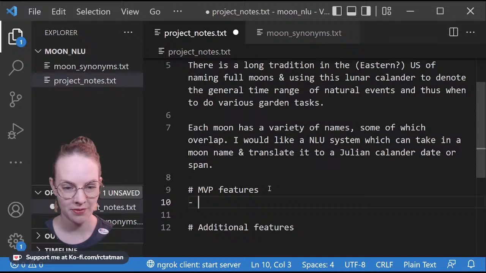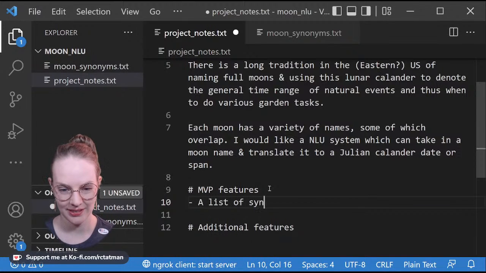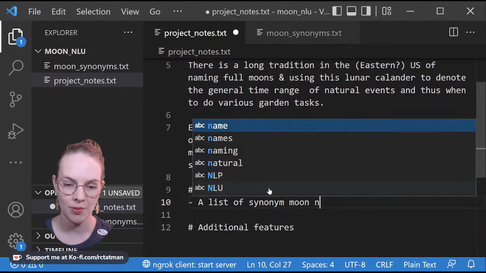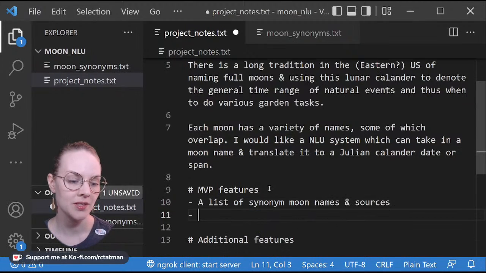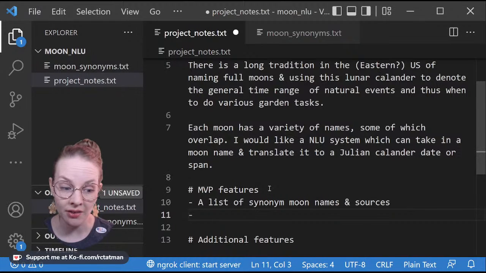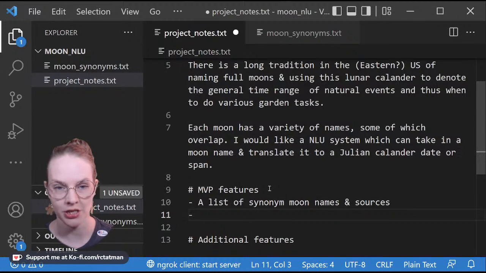So MVP features, a list of synonym names, moon names, and sources, right? Because a moon name from Ohio is not going to be as relevant as one from Virginia for me, because I'm in Virginia, and all of these dates and things are going to be super duper local, right?